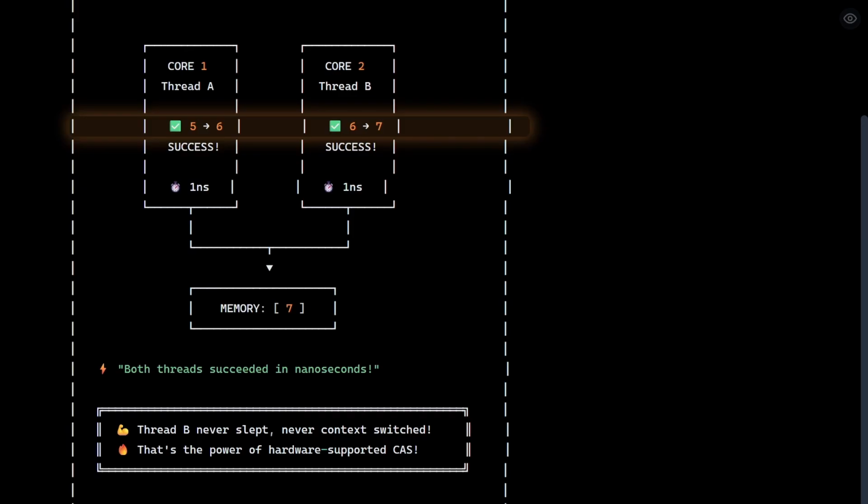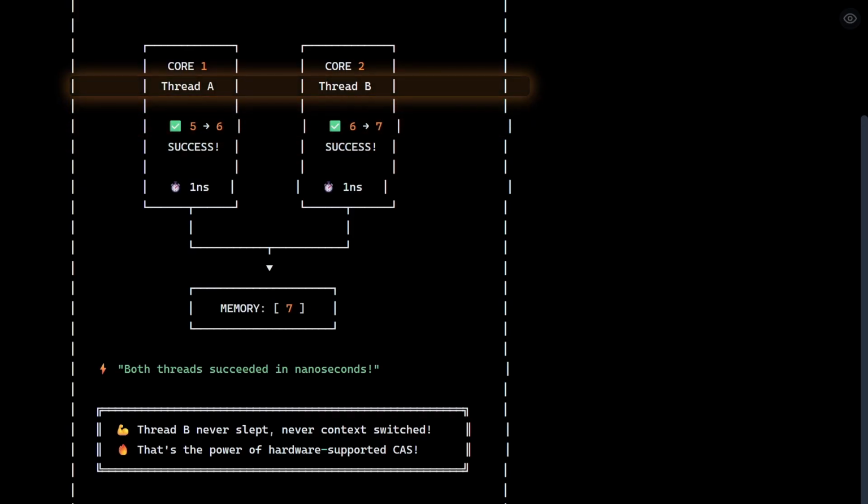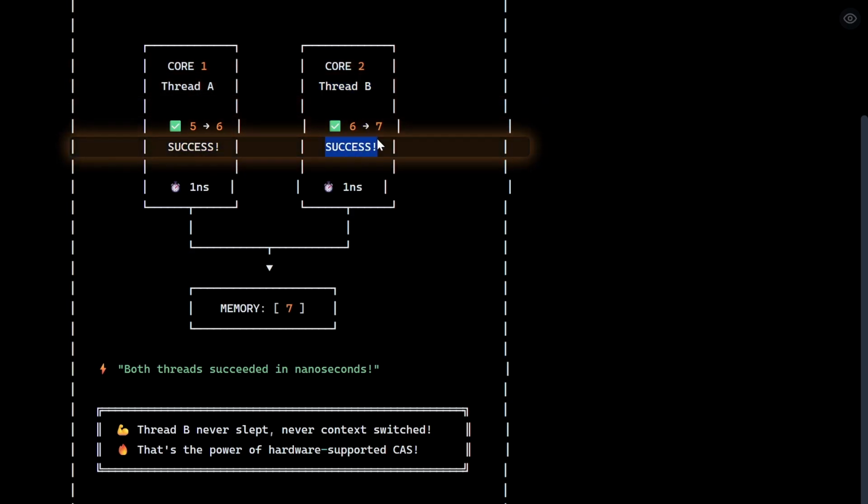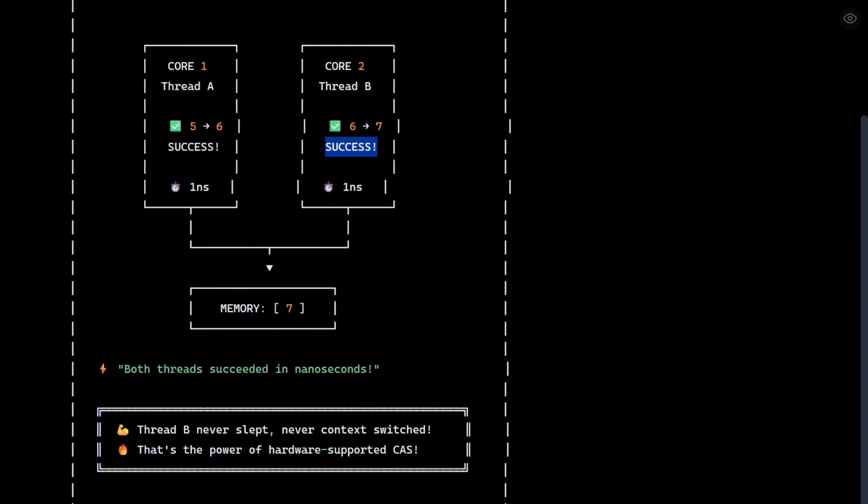Thread B never called the operating system, never went to sleep, and never gave up the CPU. It just retried instantly and got the job done. That is the raw power of hardware-supported compare and swap.